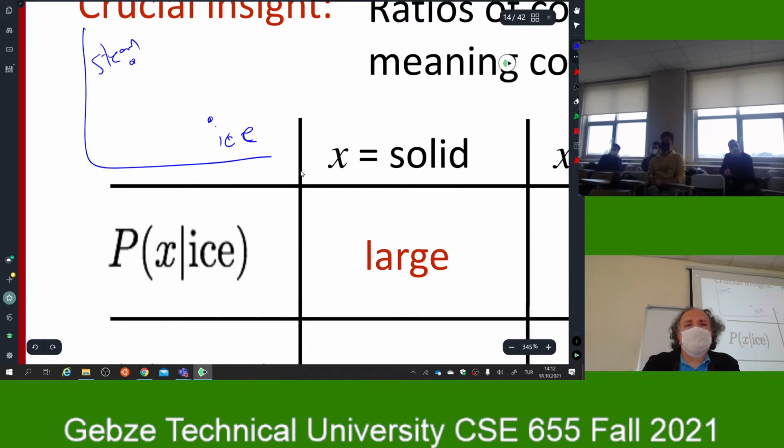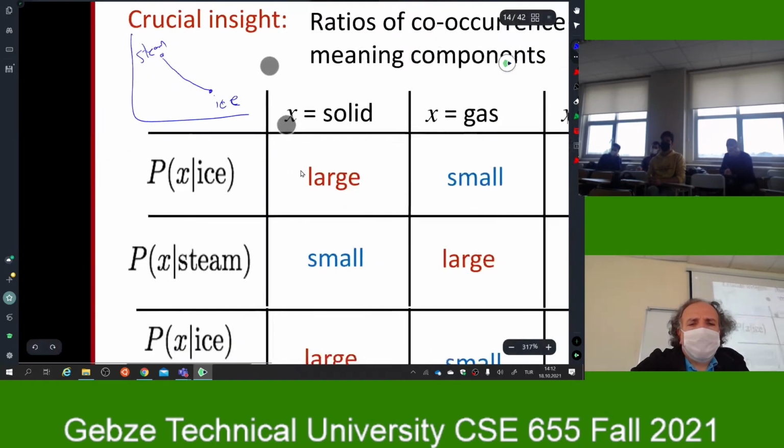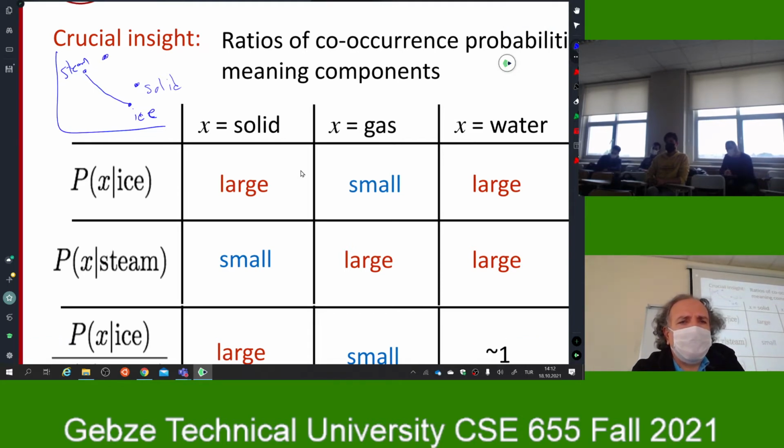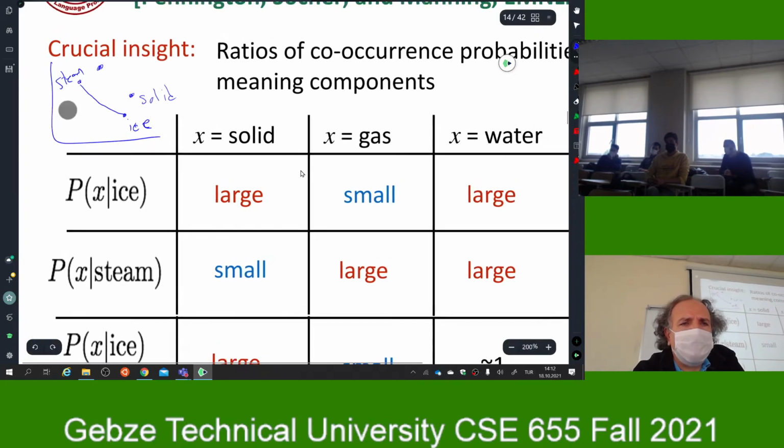So there is a difference between these two vectors, this much difference. Let's look at some of the words. I would expect solid to be here, and I would expect gas somewhere here. So solid is close to ice but away from steam.